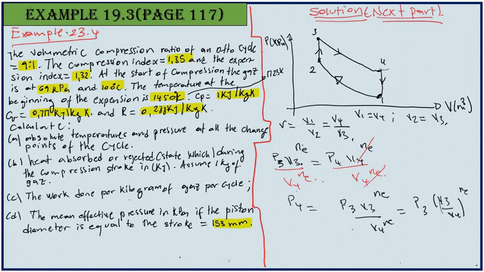We cannot use the relation combining the pressure and the temperature, or the relation combining the volume and the temperature, because we are going to get stuck easily. The only relation that we can use is that one, because in this relation we can get the expression of the volumetric ratio, and since the volumetric ratio is given, we can just manipulate the formula and replace.